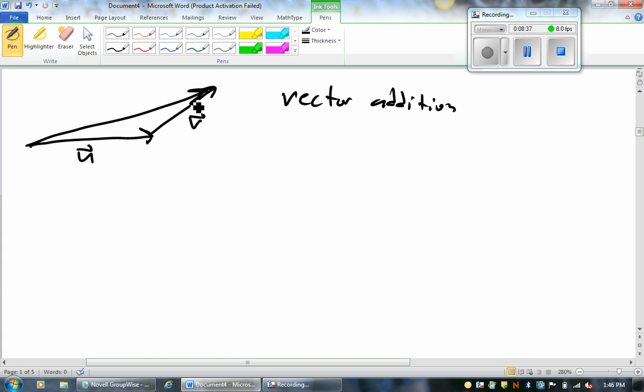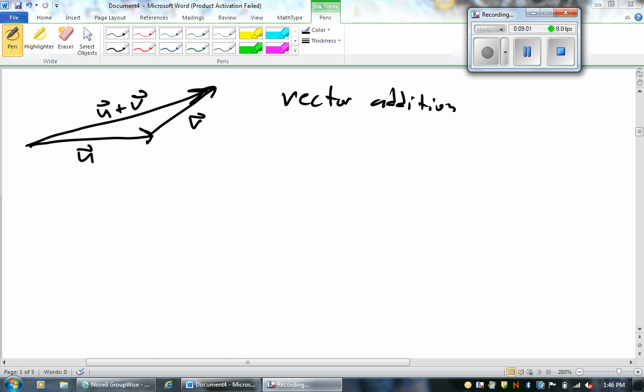We did trig with the vectors, and it's going to come back. But this resultant vector is the sum of u plus v. Notice it goes from the initial point of my first vector to my terminal point of my last vector. That's kind of a quick way to do sums on graphs, if you can do it graphically.